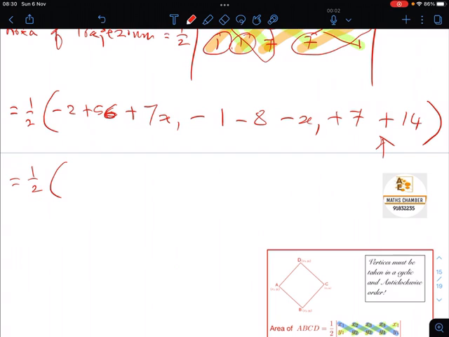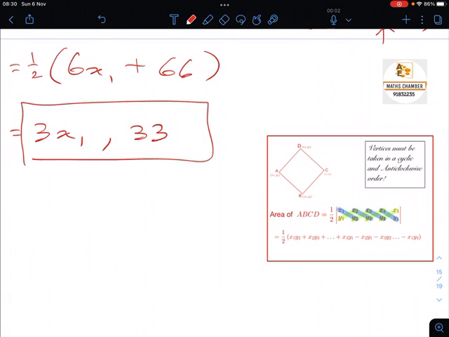We have 7x1 minus x1 gives you 6x1, then all the numbers you sum up, you get positive 66, then multiplied by half, so this is 3x1 plus 33, right? Therefore this 3x1 plus 33 will be equal to 120, because that's the same as your area of the trapezium.